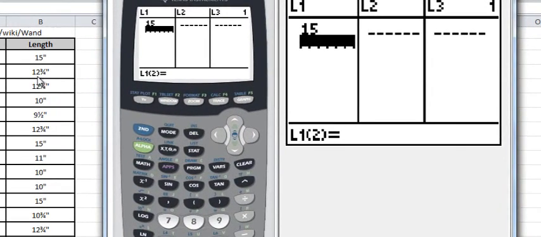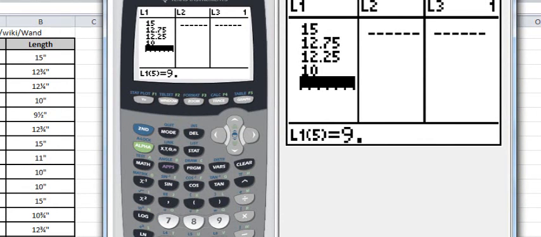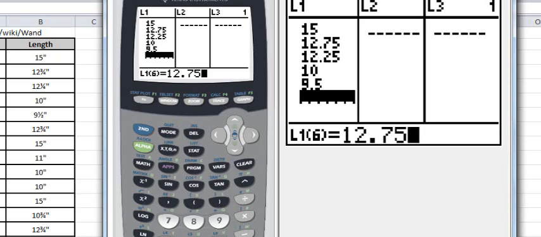And here it says 12 3/4, so I'll just convert that to decimal. 12 3/4 is 12.75, 12.25, 10, 9.5, and so on. So give me a minute, and you can do the same and put the data into your calculator.